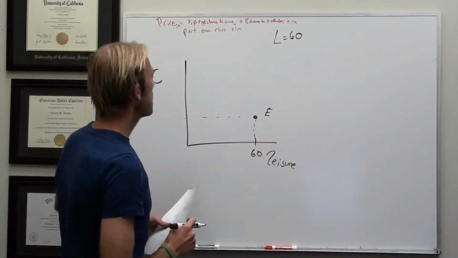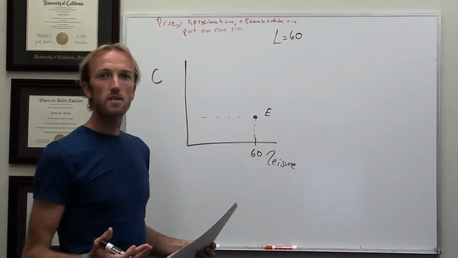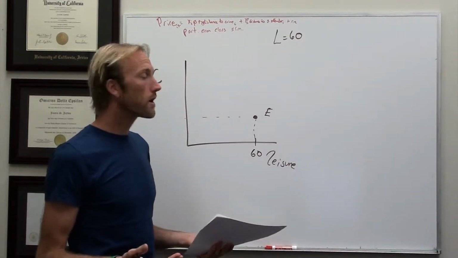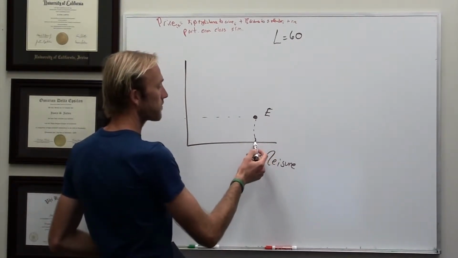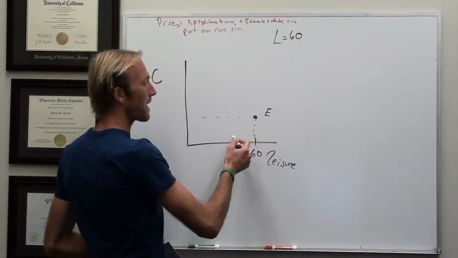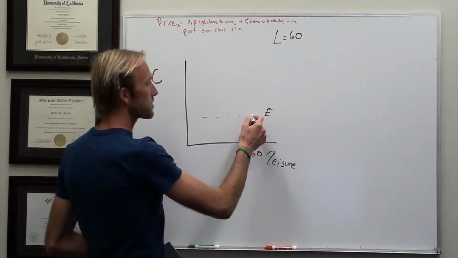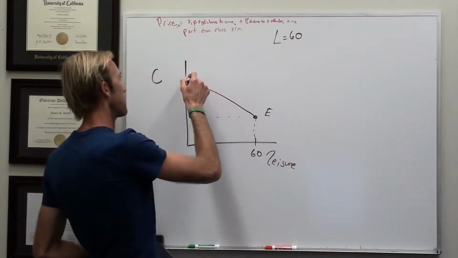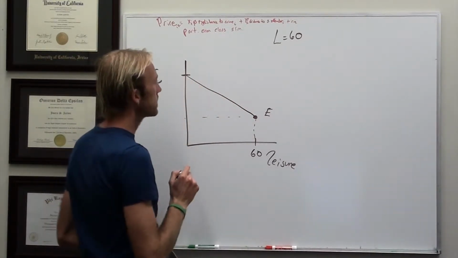And then finally, in order to actually draw the budget constraint, we have to ask, well, at a $20 wage, what does it look like? And remember, every hour you go to the left, you're giving up an hour of leisure, which means you're working for 1 hour, so that means you're gaining more money in income. What's the maximum amount that you could eat?